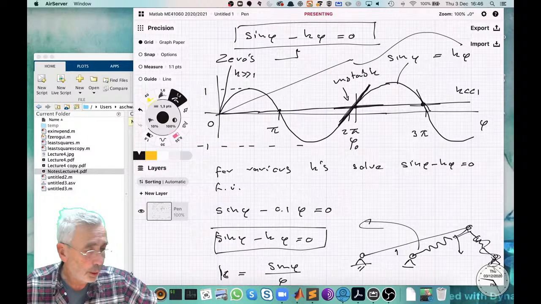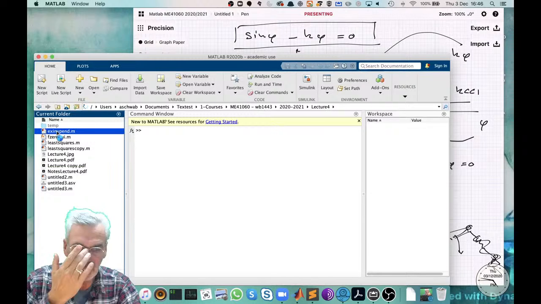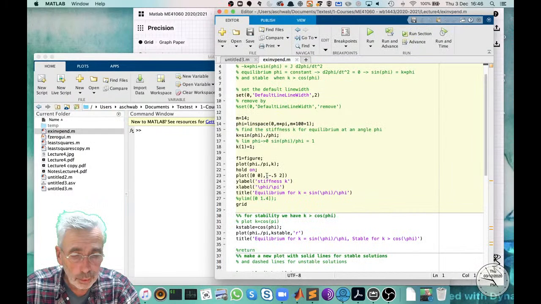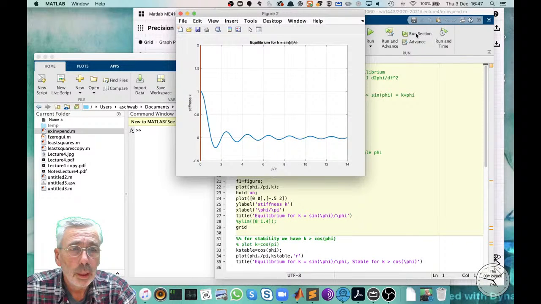So we start with a nice clean slate. Here I have my inverted pendulum example, and I show it because there's a lot of text in here, and it also shows how to find solutions, how to plot things in a nice way, etc. So let's run the first part, which is just what we did in class, only now I turn the whole thing around.